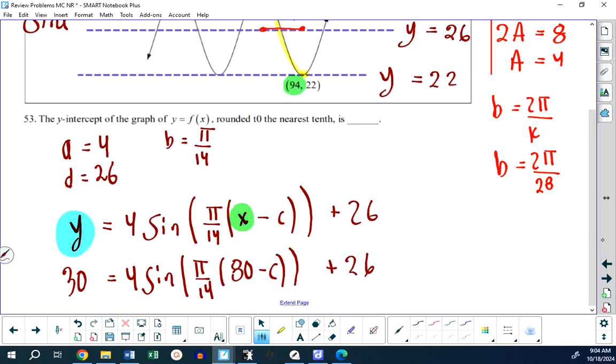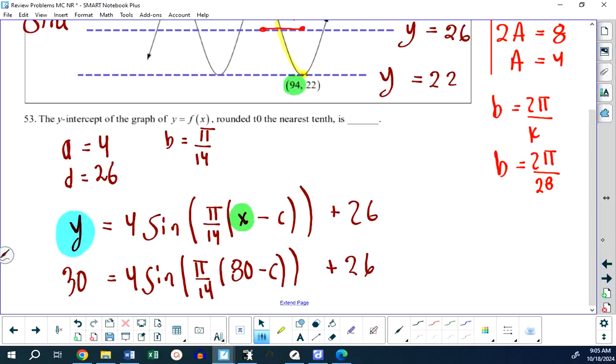Since I've chosen a maximum, I'm going to get positive 1. That's only true if a is positive as well. If a happens to be negative, then I would get a negative 1 when I rearrange. But when I take this 30 and subtract the 26 from the other side, that gives me 4. And when I divide by this 4, I get 1.